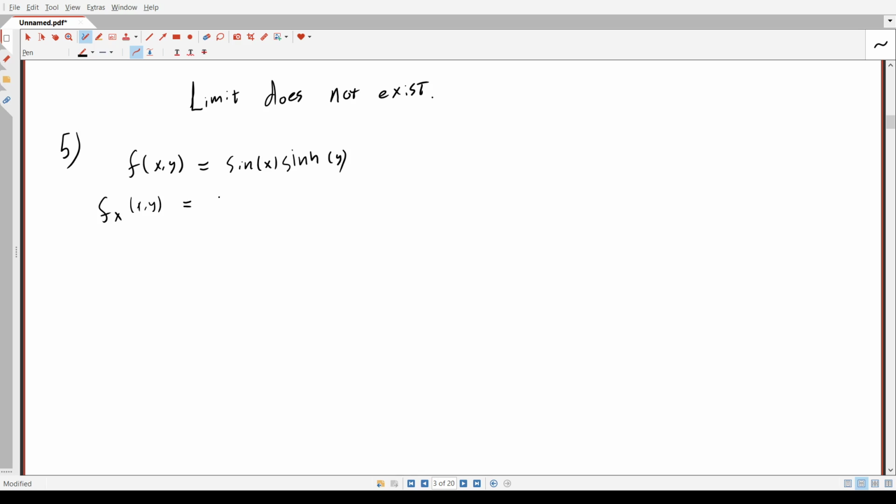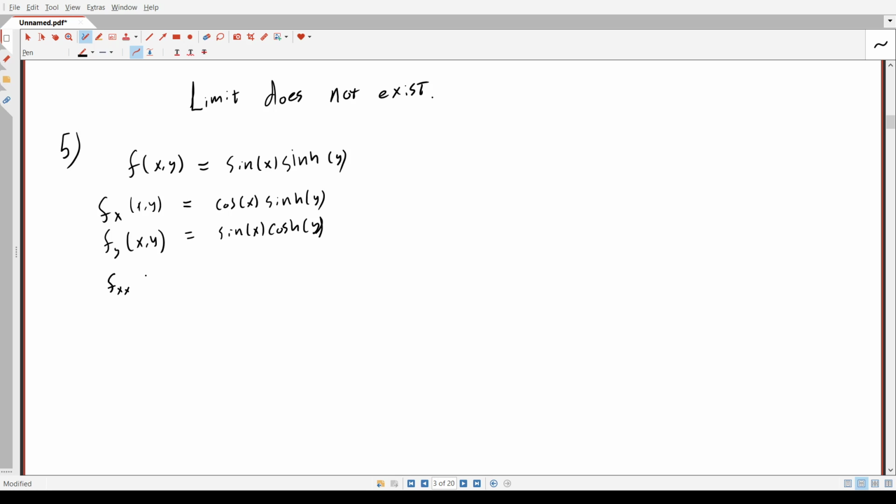So that's going to be the derivative of sine is cosine, and this is just a constant. Next it says calculate fy. So sine doesn't change. The derivative of sinh is cosh, hyperbolic cosine.